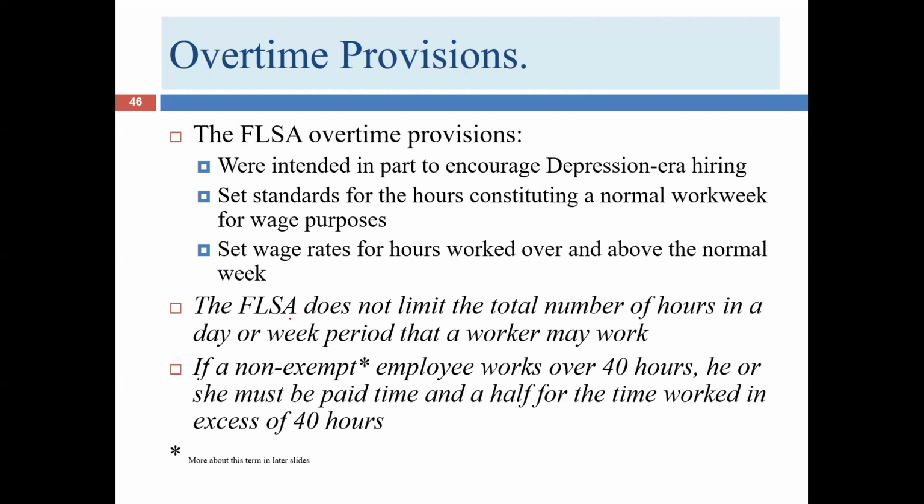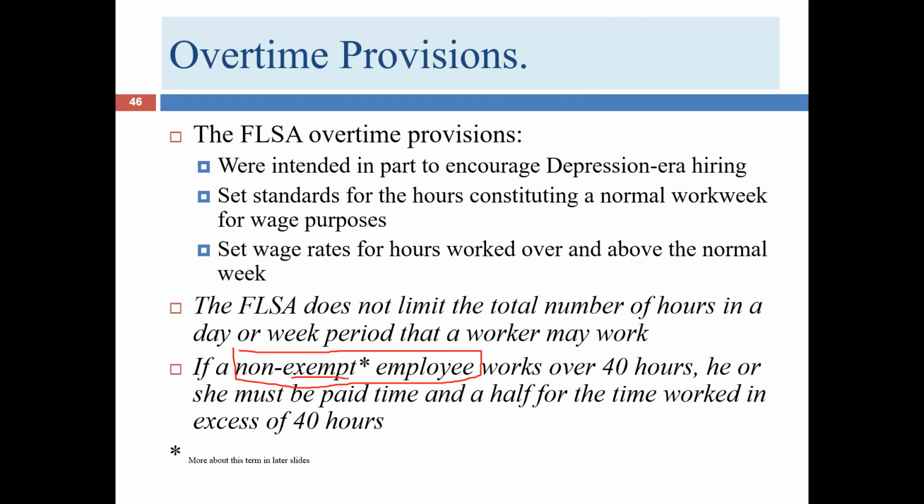So in theory, a person could work 100 hours, but the last 60 of those hours would be at time and a half. And as we talked about, or we haven't really gotten into yet, I guess, is the idea of a non-exempt employee. We're going to talk more about that in a few minutes. So kind of put a little bit of a question mark in your head. This is a category of employee who is not paid on an hourly basis, but who is salaried. And we'll go through what I mean by that in a few minutes.